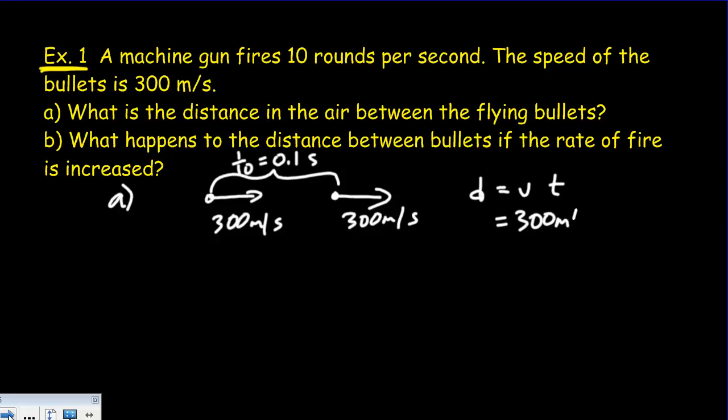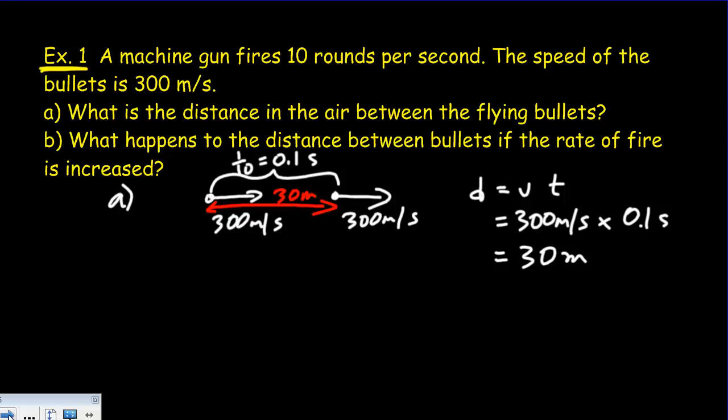So you're moving at 300 meters per second, and you get to move at that speed for 0.1 seconds. So you're going to get a distance between the bullets of 30 meters here.